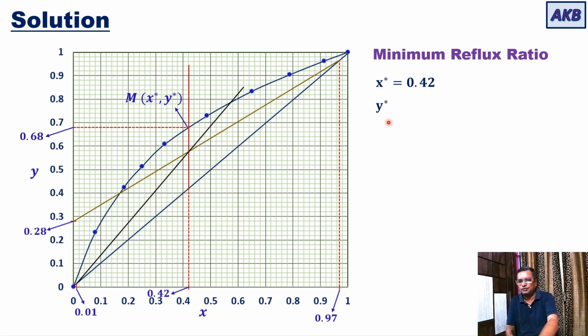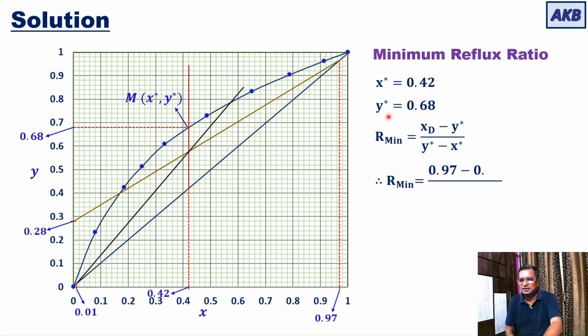So x star is 0.42, y star is 0.68, and then minimum reflux ratio can be found out by using this formula. Again, I have derived it in my discussion on minimum reflux ratio. Link is there in the description section. Please watch that. So our minimum reflux ratio is given as xd minus y star divided by y star minus x star.